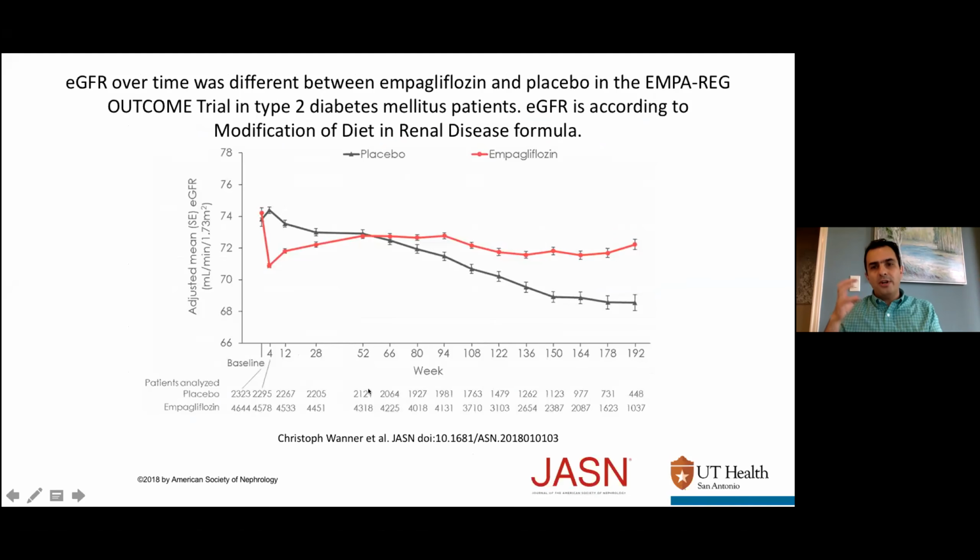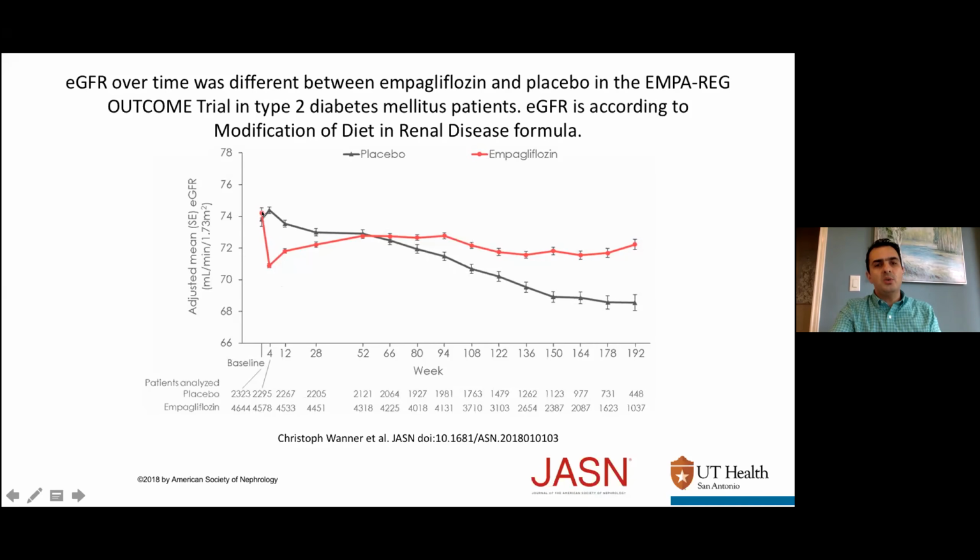So, putting the physiology into clinical practice, this is what happens in the clinical situation. This is one of the trials, the EMPA trial, where they looked at empagliflozin in diabetic patients and compared it to placebo on a background of ACE or ARB. I forgot which one; I think it's a mix of both.